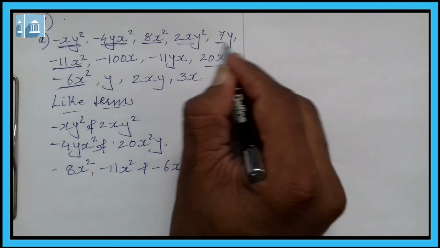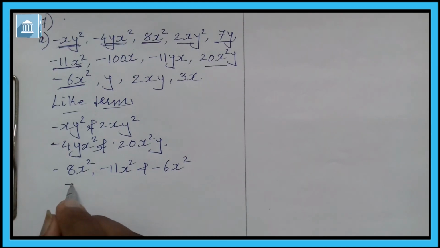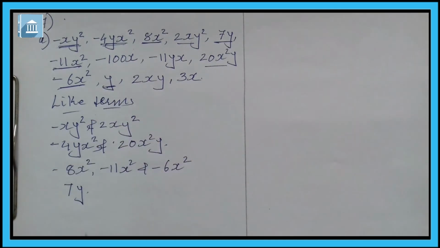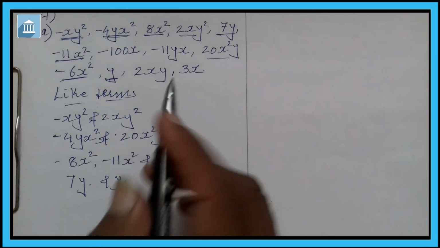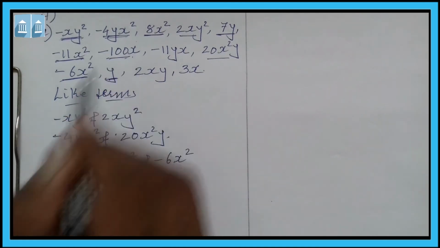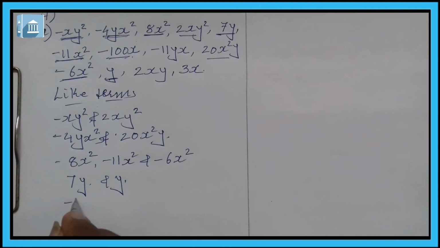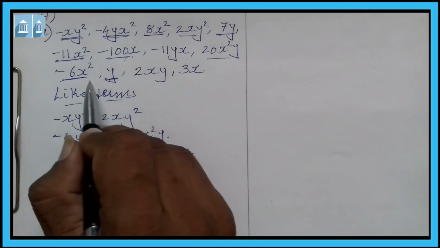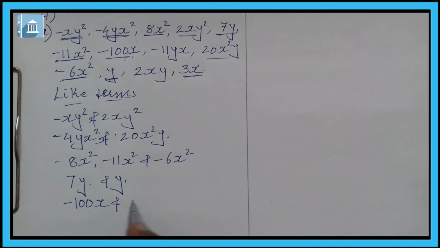Then we will come toward 7y. 7y and y, these are the two again like terms. Then minus 100x. The like terms of minus 100x are 3x, minus 100x and 3x.